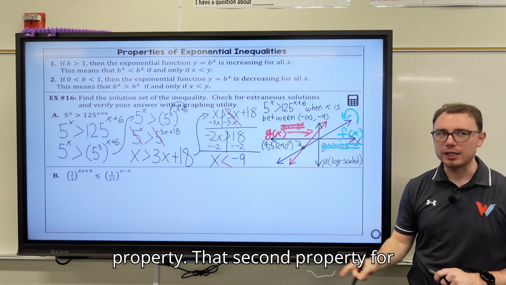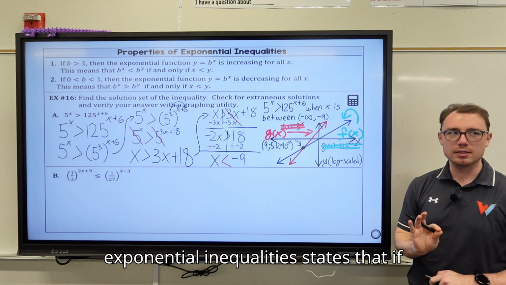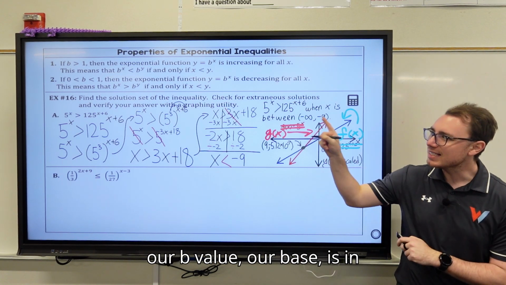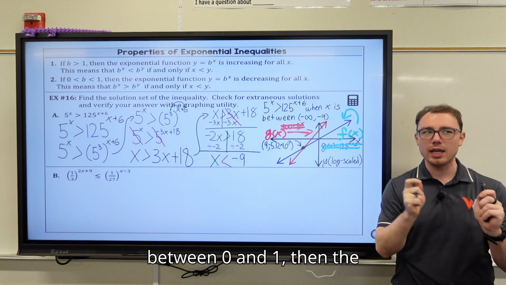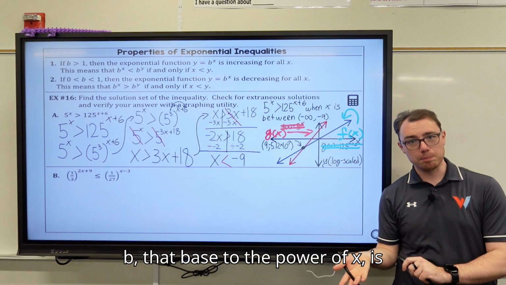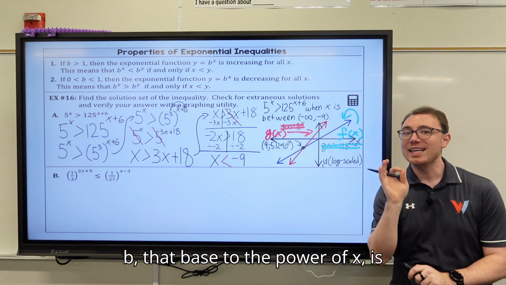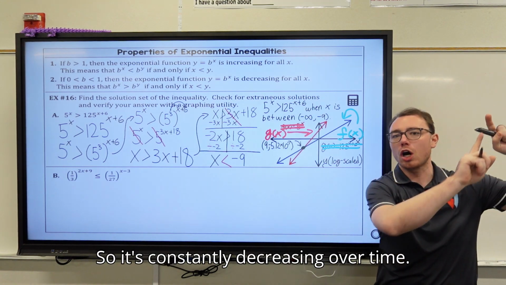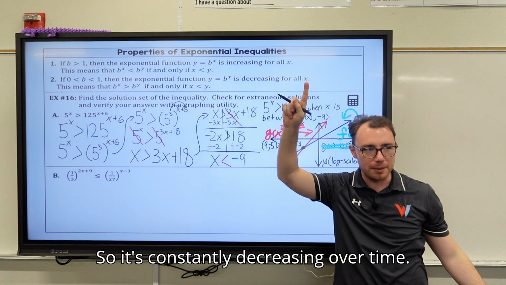That second property for exponential inequalities states that if our b value, our base, is in between 0 and 1, then the exponential function y equals b to the power of x is decreasing across all of our x values. So it's constantly decreasing over time.